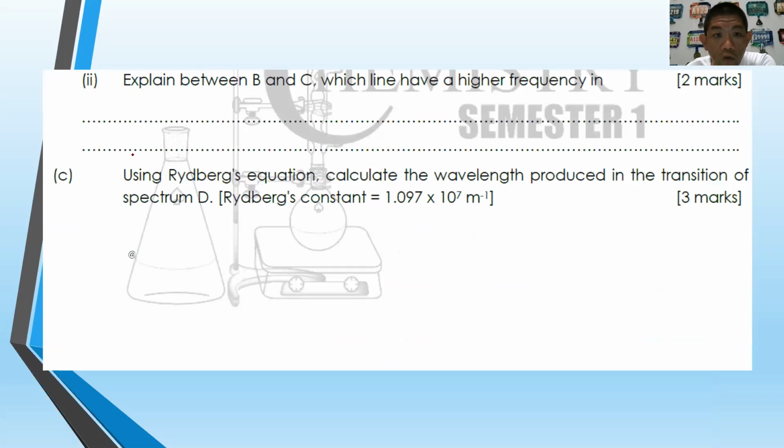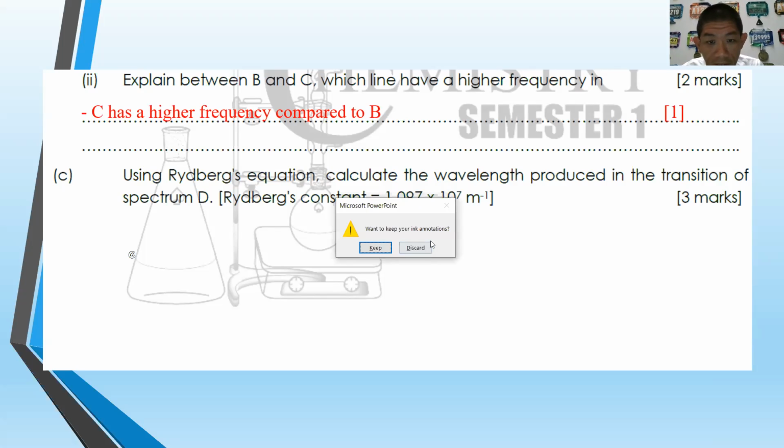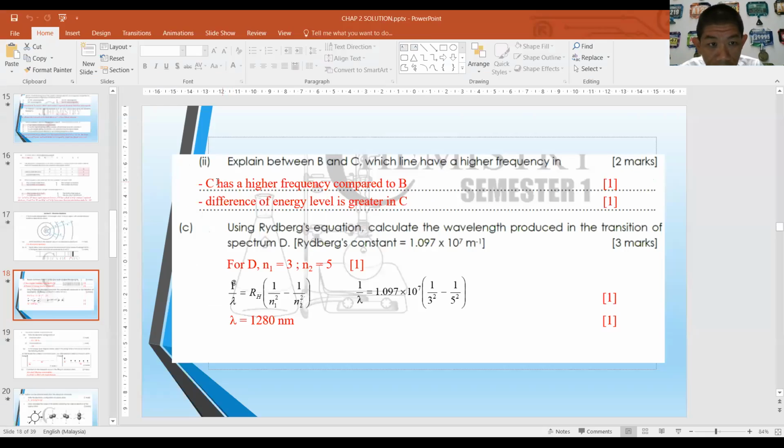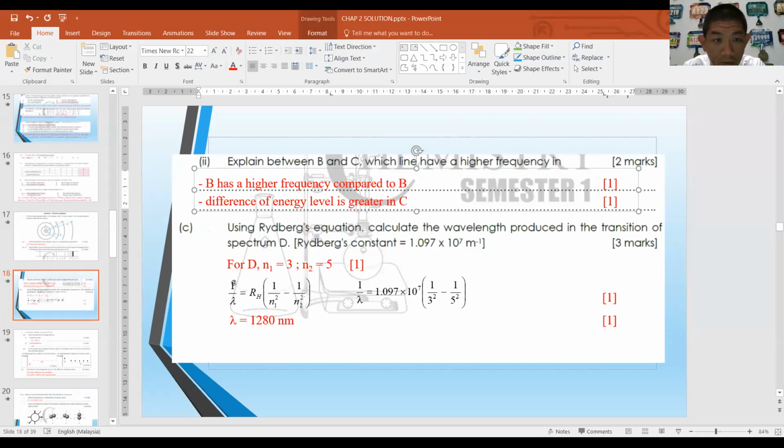Then number 2: explain which of B and C has a higher frequency, which one has a higher energy. The difference in frequency depends on which one has the greater difference in energy level. So we expect that B has a higher frequency compared to C, because the energy level difference of B is greater.